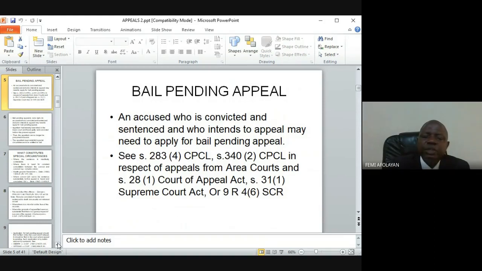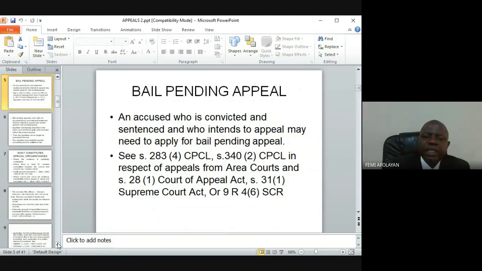On this, please see Section 283 sub 4 of the Criminal Procedure Code Law, Section 340 sub 2 of the Criminal Procedure Code Law in respect of appeals from area court to the High Court.